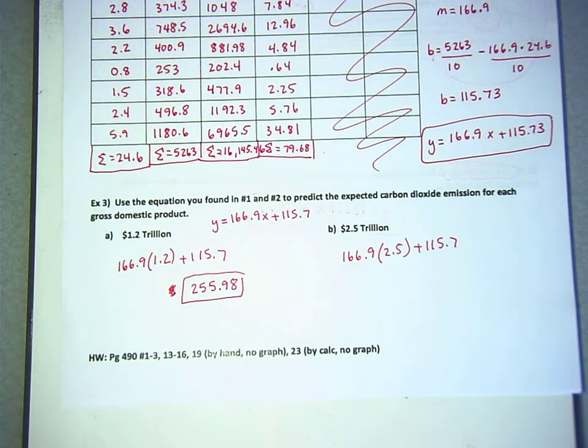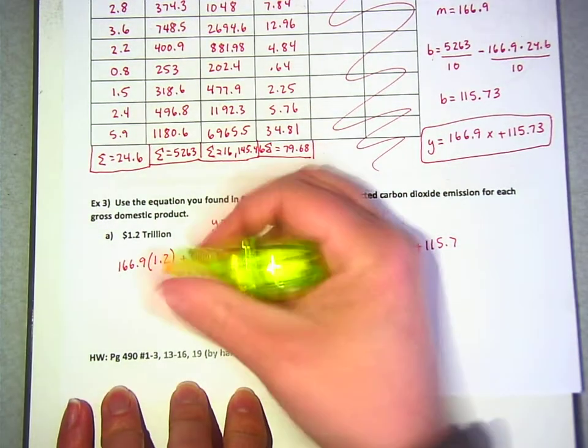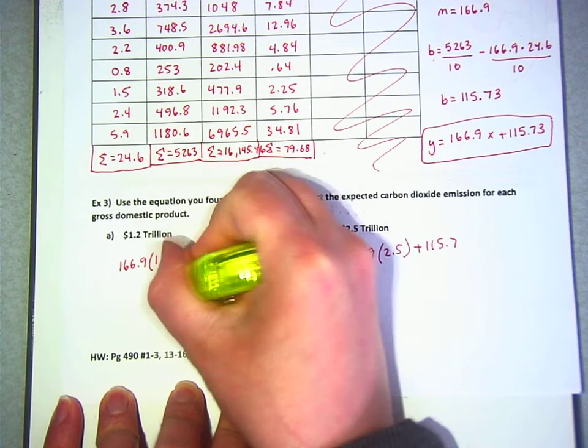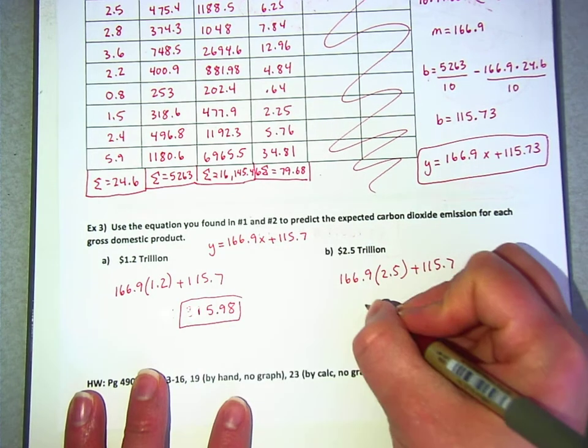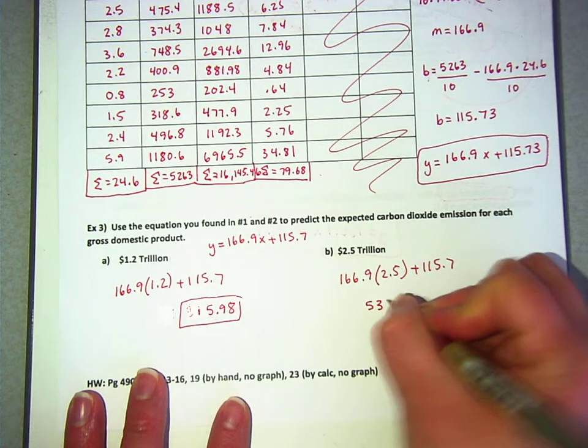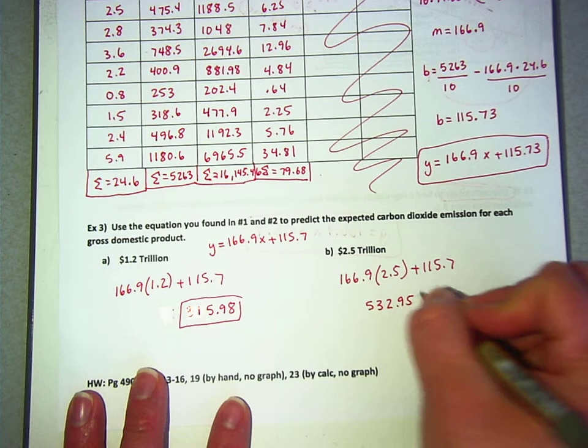I got 315.98. You're right, I wrote 116 instead of 166. 315.98. And then for this one, I got 532.95.